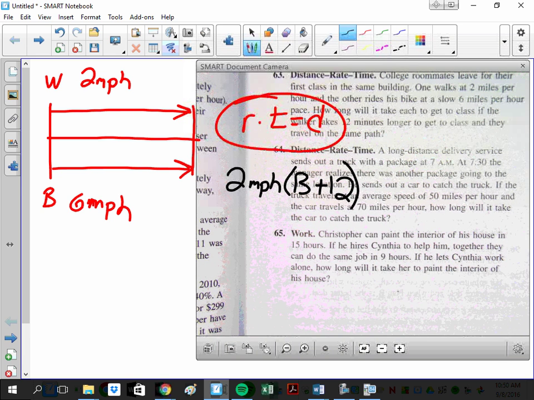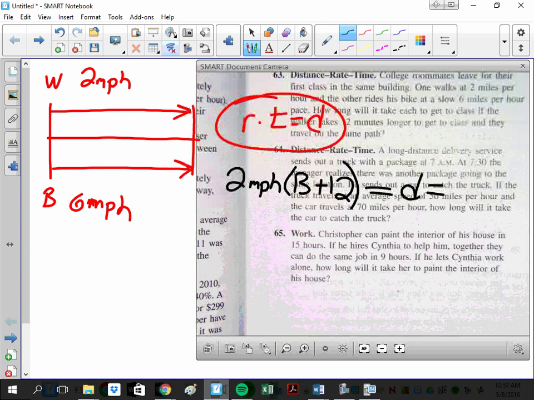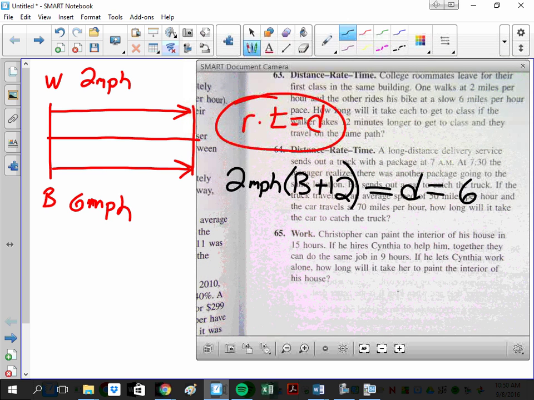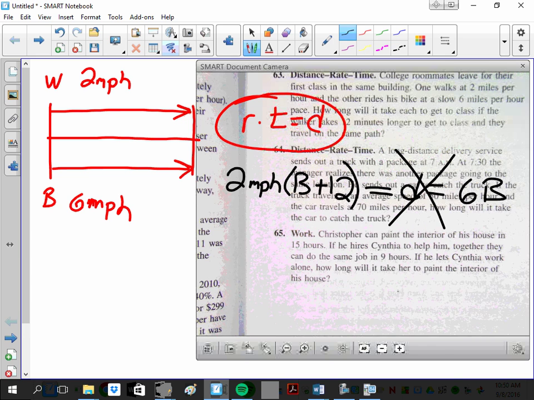And that equation will give us the total distance, which we don't know, but that total distance is also equal to 6 miles an hour times whatever the biker took in minutes. So once again, we don't need this D. We solve that for B, and that's going to tell us how long the biker took.